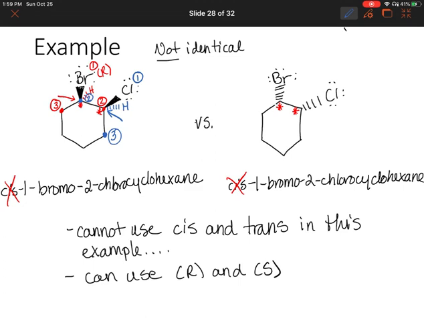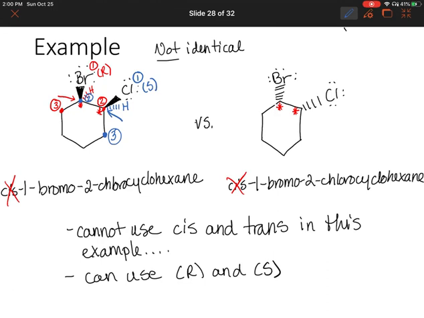All right, so we have 1, 2, and 3, and then hydrogen is our lowest priority atom, but it's in the back, so that's fine. So now if we draw a circle from 1 to 2 to 3, will that be R or S? S. So the circle that we would draw going from 1 to 2 to 3 is going in a counterclockwise direction. So that is S.